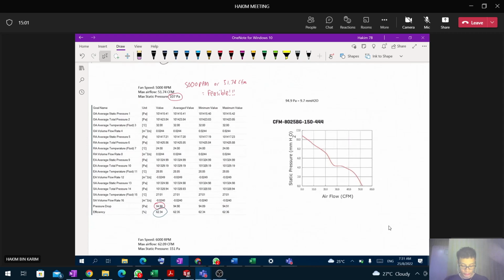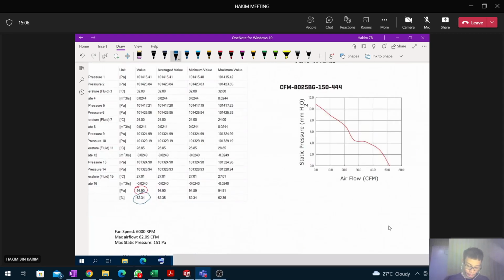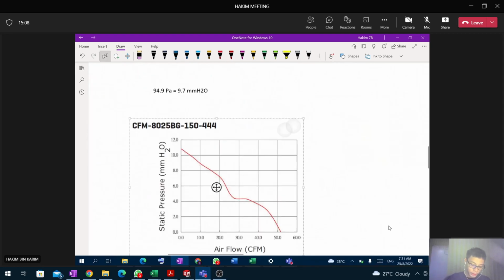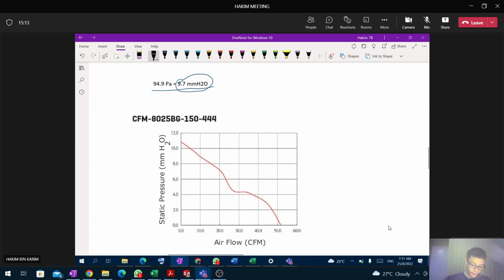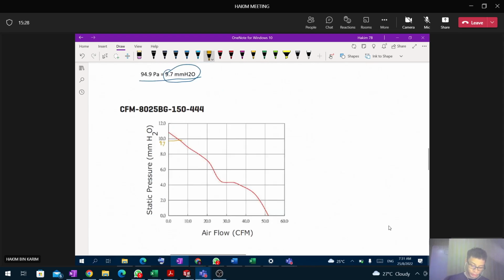Since the pressure drop is 94.9 Pascal, this is equivalent to 9.7 millimeter H2O, which is around here, very close to 10. So since the static pressure drop is 9.7 millimeter H2O, this is probably around 5 CFM.